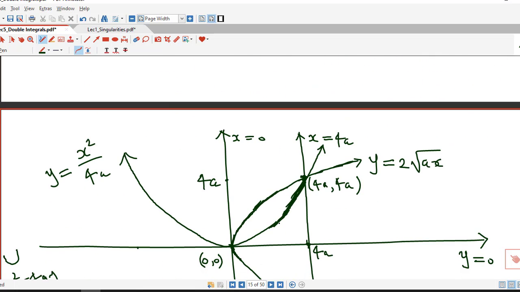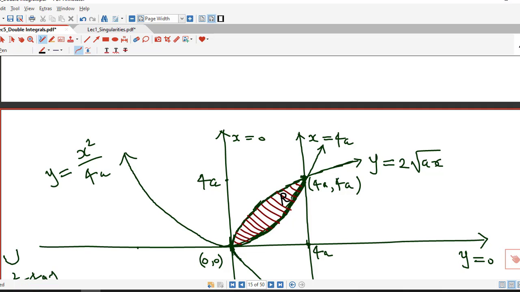So y equal to x square by 4a means this lower boundary, and this is y equal to 2 under root x, and x is in between 0 and 4a. So this is the region of integration, the region between two parabolas between x equal to 0 and x equal to 4a.